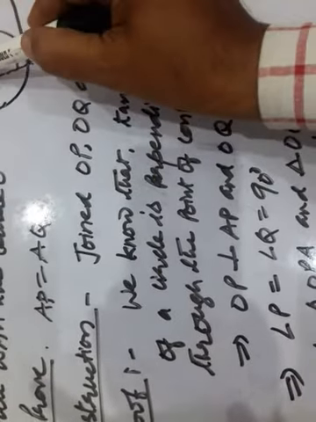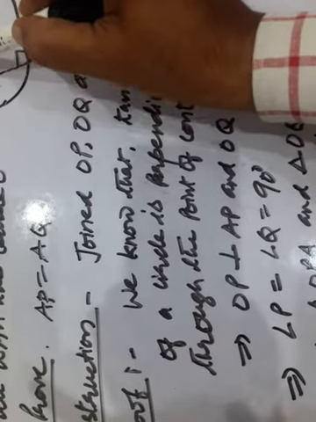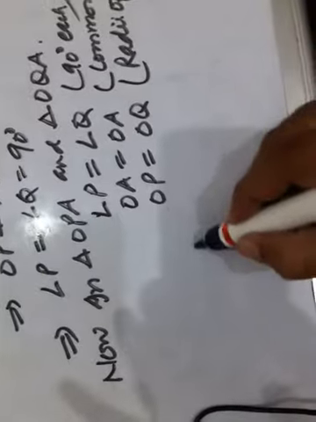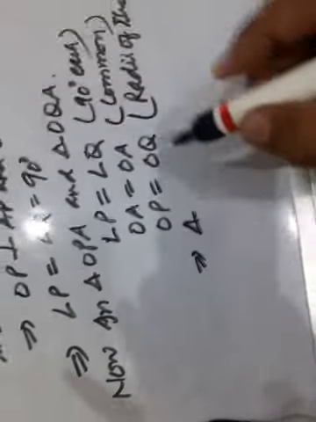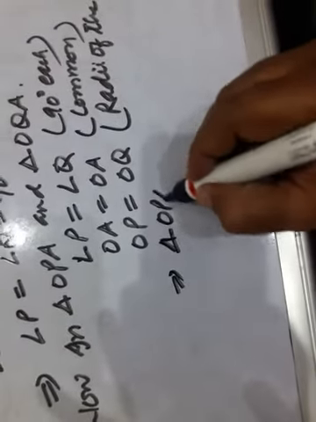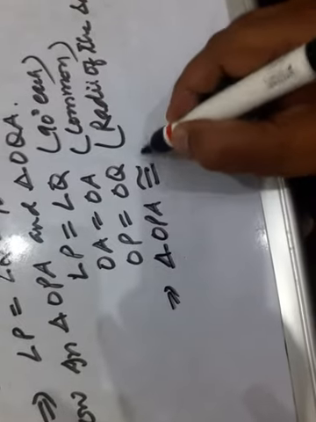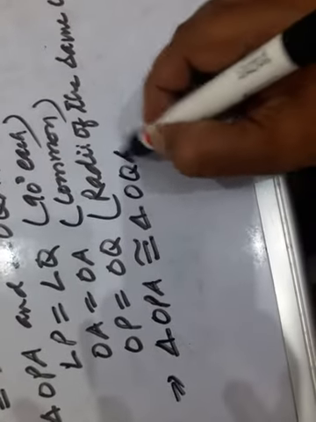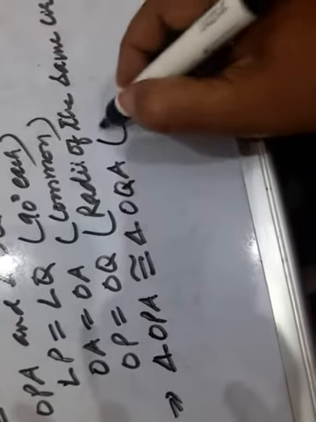This is the right angle, its opposite side is the hypotenuse, and this is the radius. So RHS. This implies that triangle OPA is congruent to triangle OQA by the RHS rule.